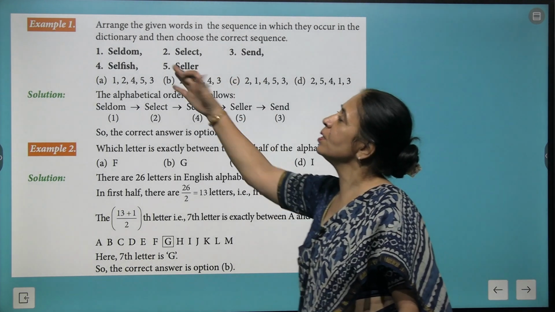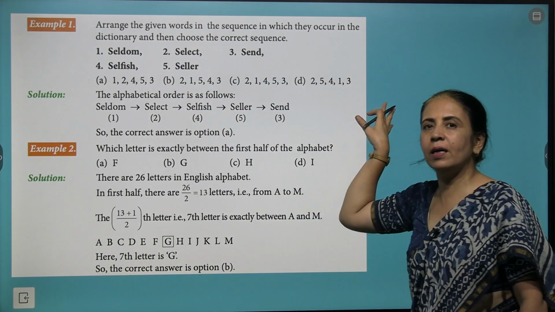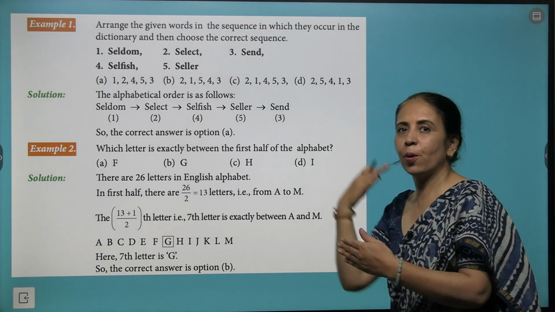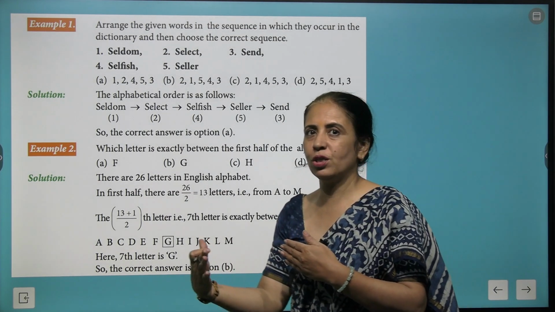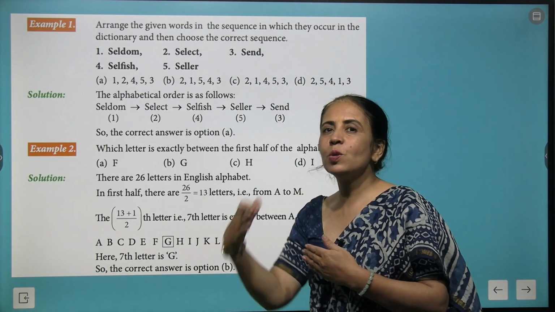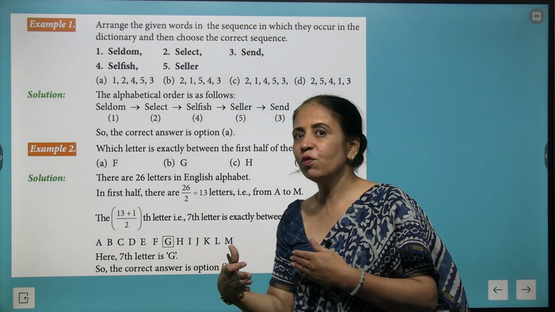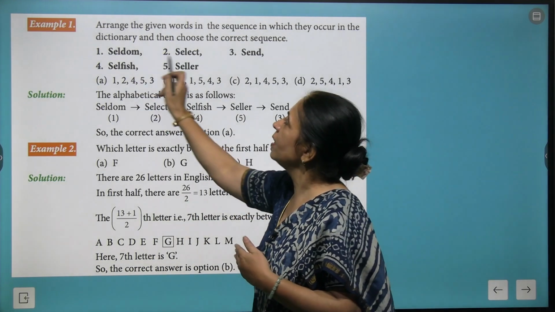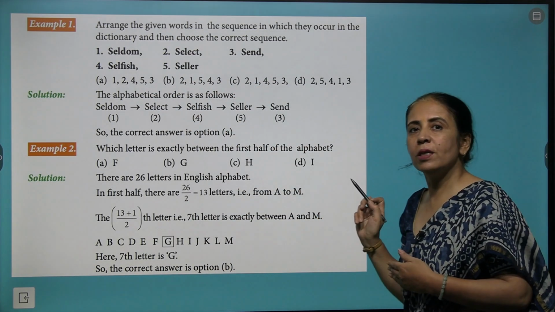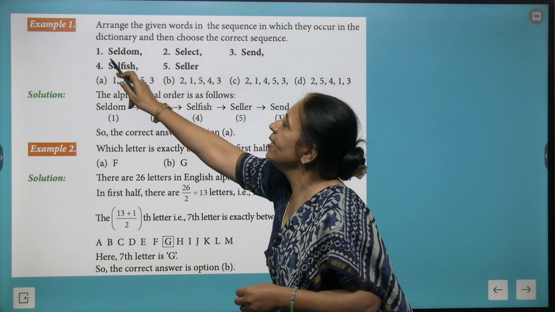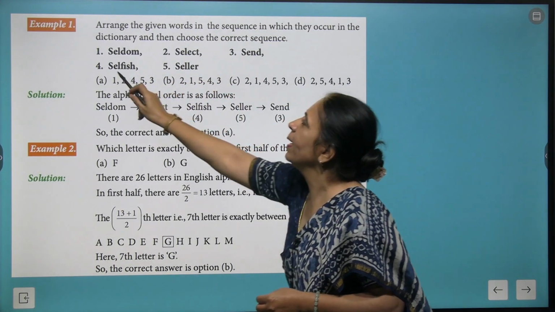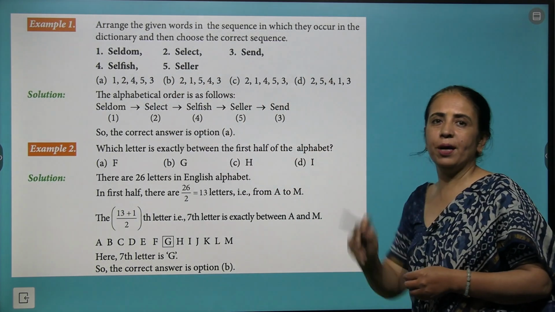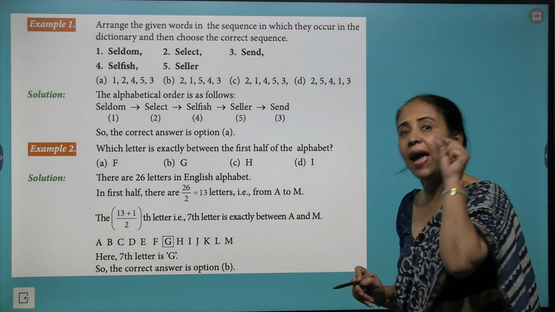So let's look at some more very interesting examples on your way. The first one is, you have different words here and these words are to be arranged in alphabetical order. And how do you arrange them? You see which alphabet comes first, right? And when you start checking them, you observe that we have SEL coming everywhere except here. The third one is SEND.